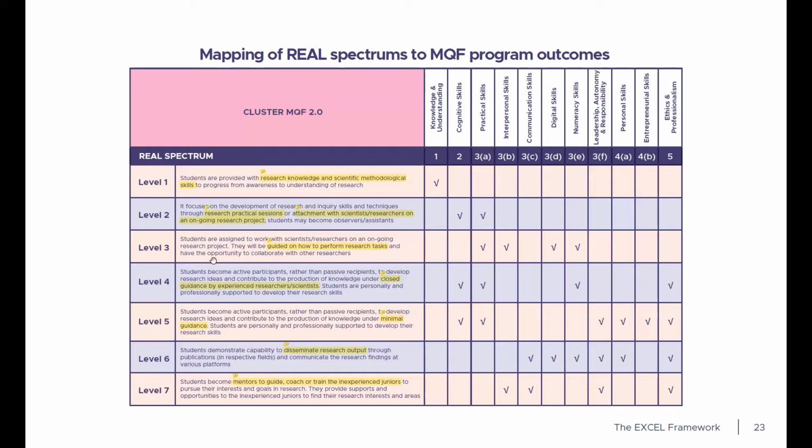And as you go along, you will see that most of our courses are matching all this. So once it's matched, then you will know that your program actually fulfills all this, the research spectrum.